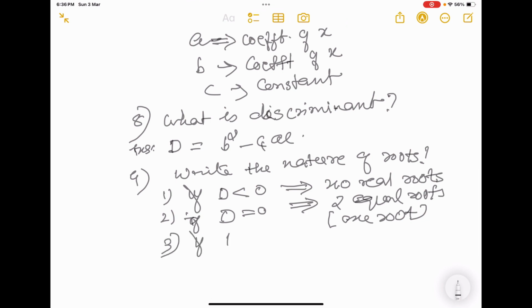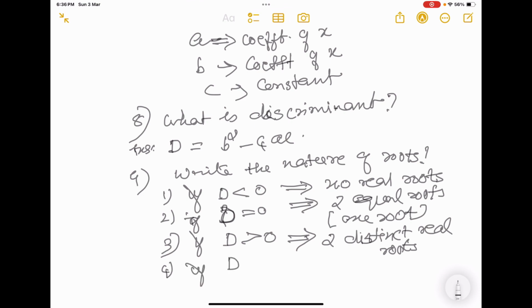If d greater than 0, 2 distinct, means different, real roots. Fourth one, if d greater than or equal to 0, 2 real roots.